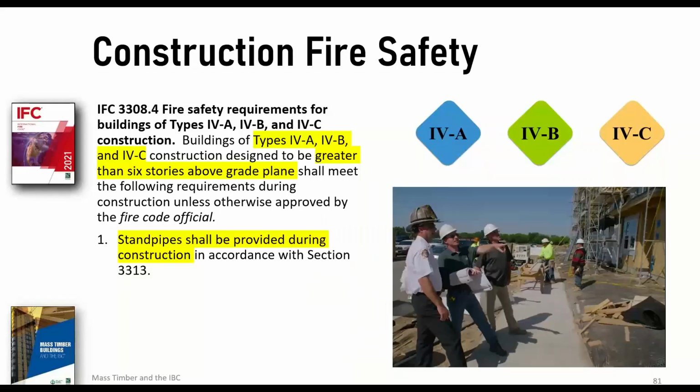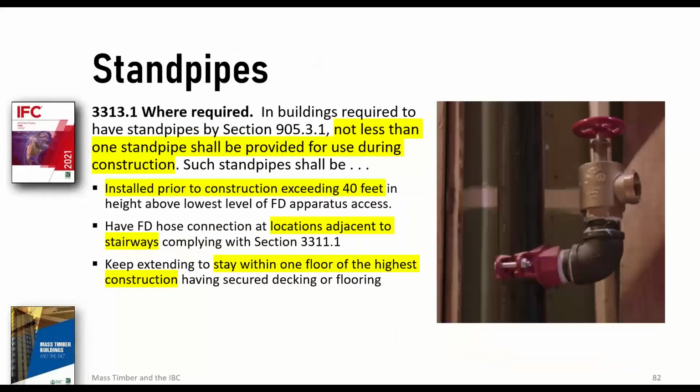And the first provision, well, this is just a slide saying that for Type 4A, Type 4B, and Type 4C construction designated to be greater than 6 stories above grade plane, you have to provide standpipes during construction in accordance with Section 3313 of the IBC. This applies to all types of mass timber construction.